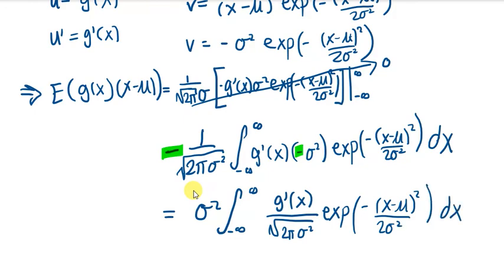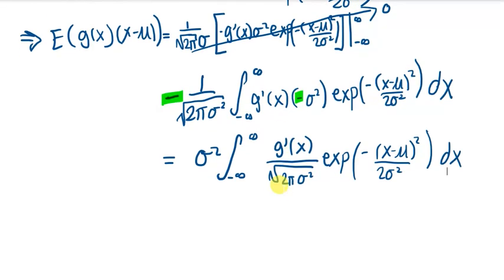Now, this is just the regular expectation of the derivative of g of x. So we can use the law of the unconscious statistician and just go expected value of the derivative of g of x. And so that proves the lemma. That's all we have to do.